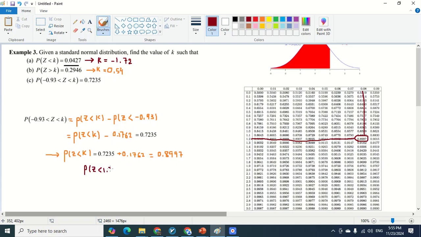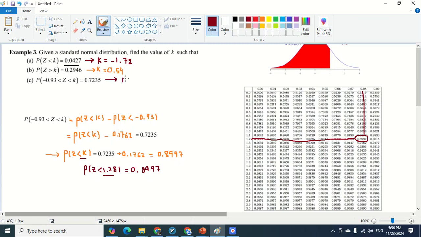I found this value from the first column, and from the first row the second digit can be found, which is 8. So it's going to be 0.8997. So we found the value of k in this way by comparing this value and the unknown k over there. We found the value for k.